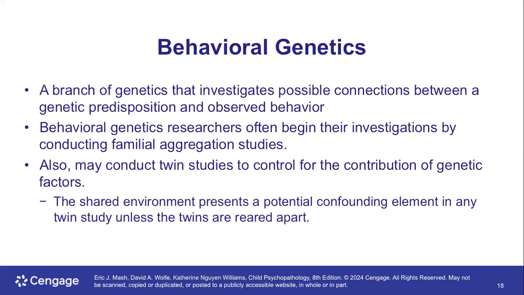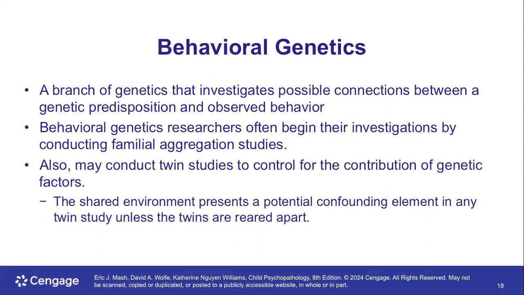We also have twin studies, which can mathematically compute the relationship between genetic similarity and an outcome. So what's interesting about twin studies is that the more similar both the genetics and the environment are, the stronger the correlation is.